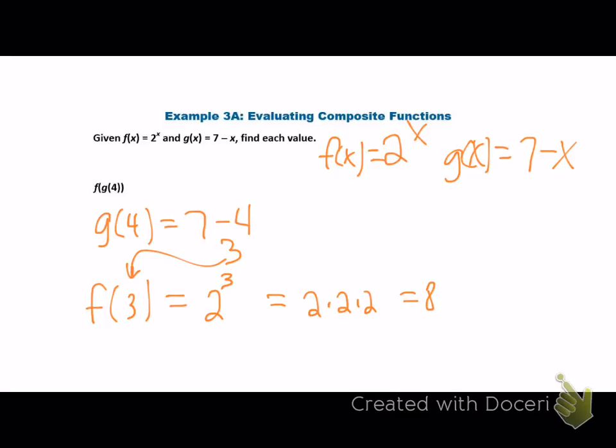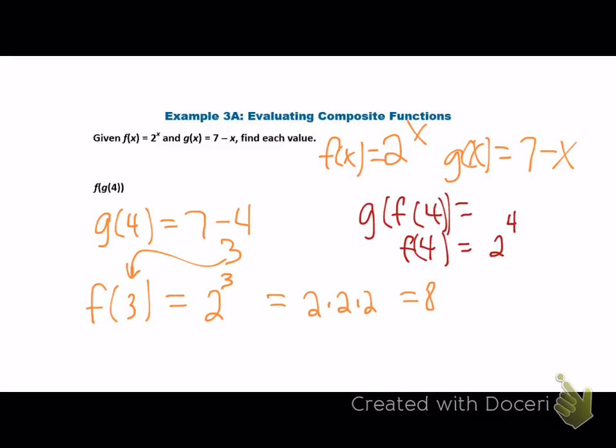Let's try it the other way, because we haven't done that. So let's do g of f of 4. See if we get something crazy here. So let's do f of 4 first. F of 4 would be 2 to the 4th power.